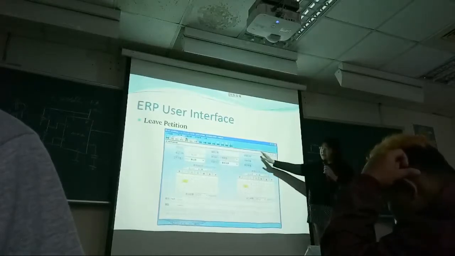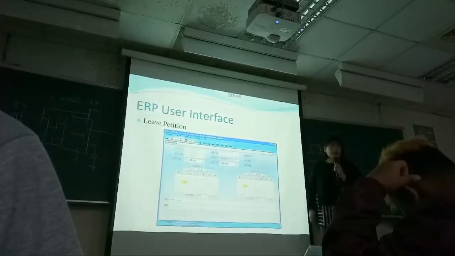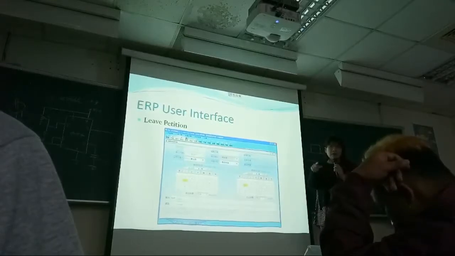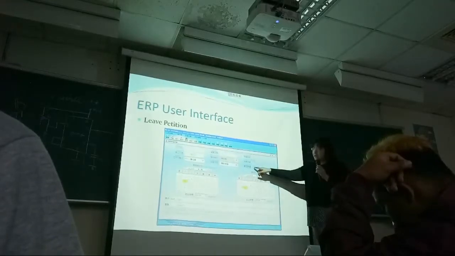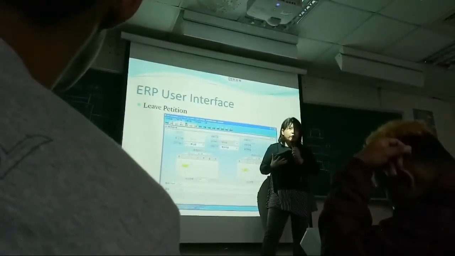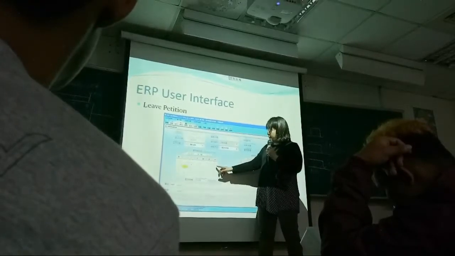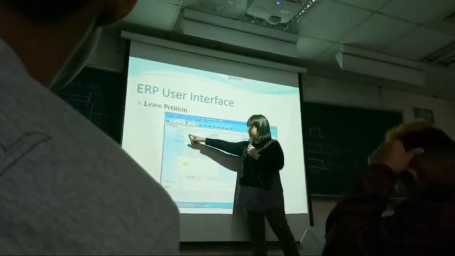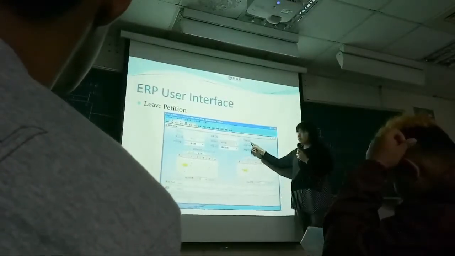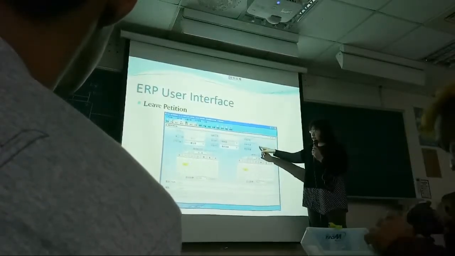This is what I developed in Java. In the ERP system, this is the human resource module, a leave petition. If an employee wants to take leave from today to tomorrow, you must fill in this form number, and the system date is set under the applied status, and you send it to your manager.